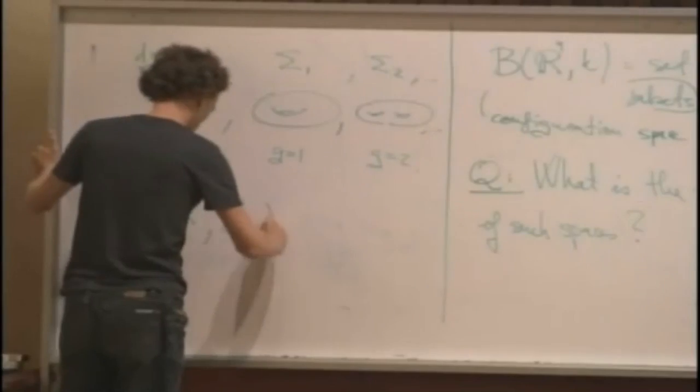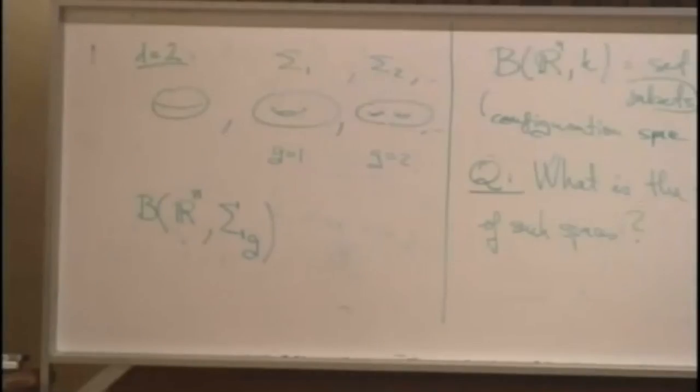Here's the list of connected oriented ones: sigma 1, sigma 2, etc. The space of all manifolds in R^n diffeomorphic to a genus g surface.